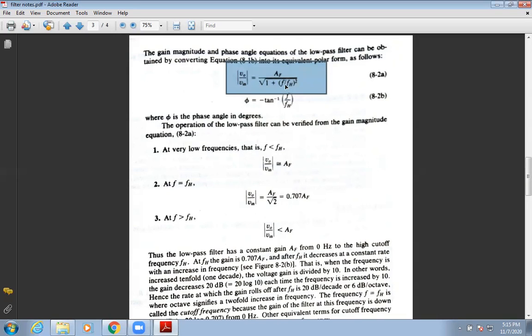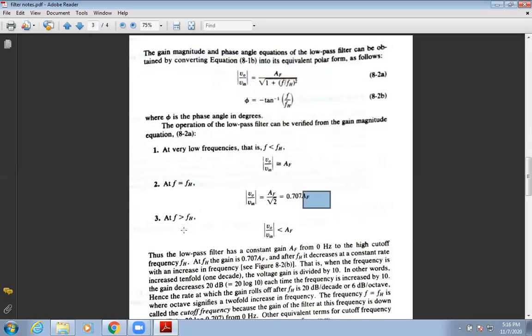At f equal to fH, the gain is given by AF upon under root 2, which is equal to 0.707 into AF, means the gain at this frequency is equal to 0.707 times the value of AF.